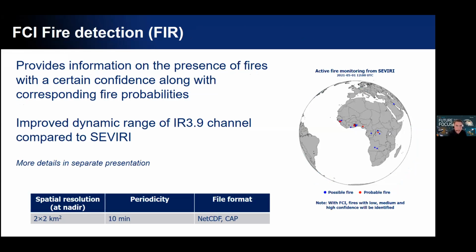And then we also have the fire detection algorithm, FIR. This one first derives a fire probability map. So we have a fire probability for every pixel. And it also provides flags for low probability fires, high probability fires, and medium probability fires.